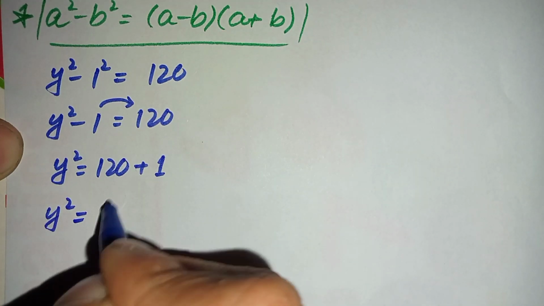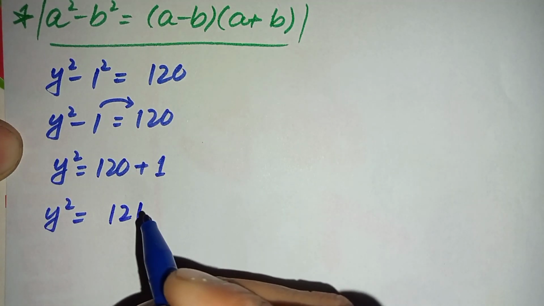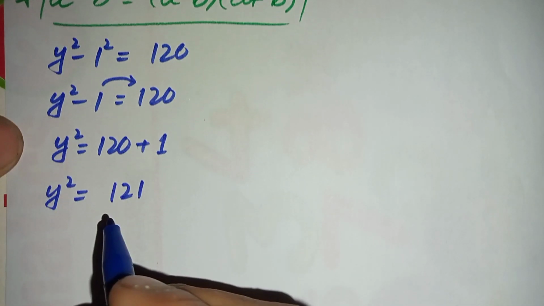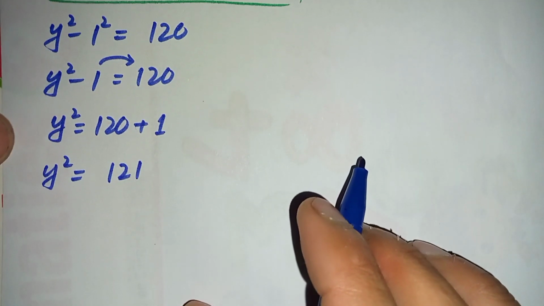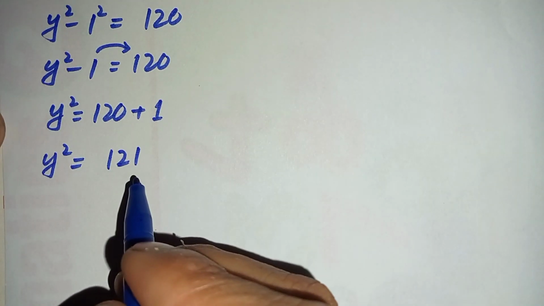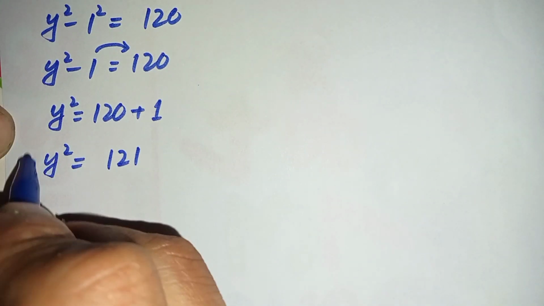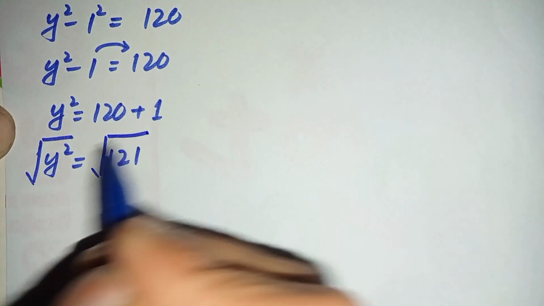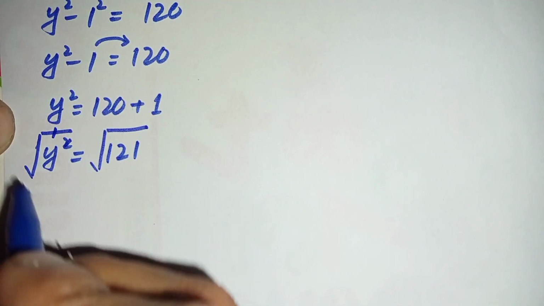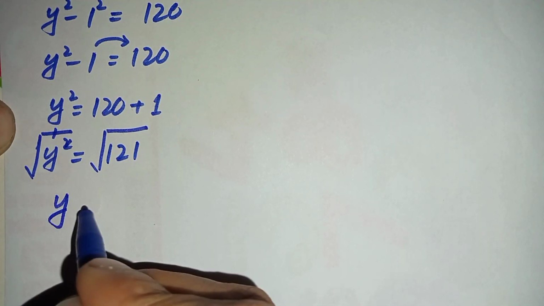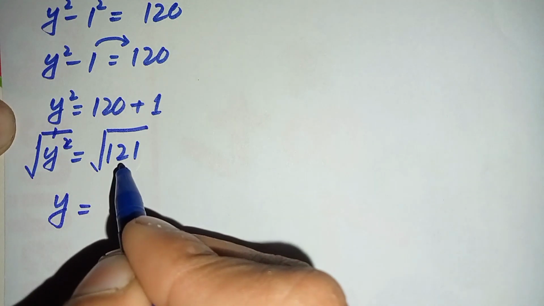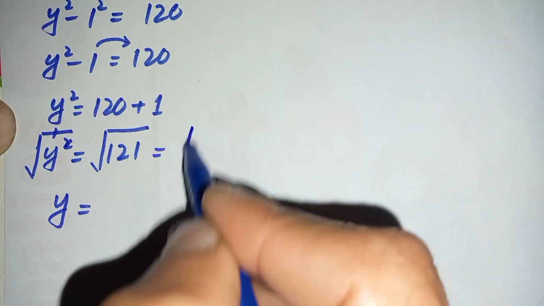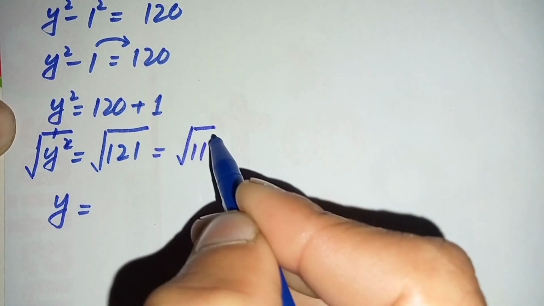So y square is equal to 121. Now here this 121 is a perfect square. Here we will take the square root on both sides to eliminate the square from the y. So let us take the square root on both sides. So the square and square root will be cancelled, so only y will be left, and 121 can be written as the square of 11.